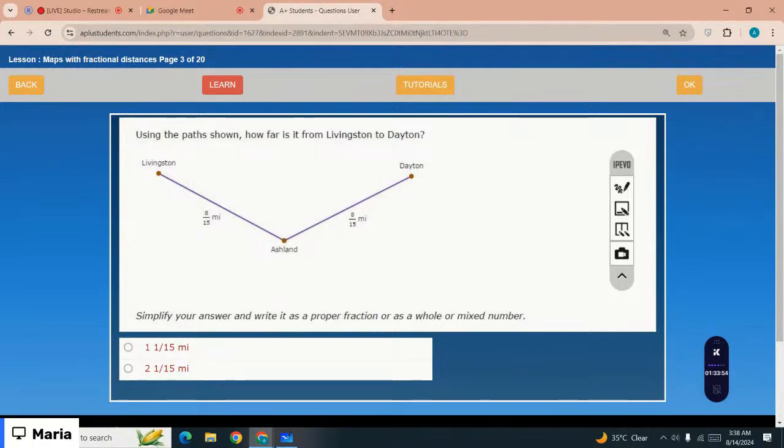Okay, using the path shown, how far is it from Livingston to Dayton? So you need to calculate the total distance, right? You need to add the distance from Livingston to Ashland and Ashland to Dayton.